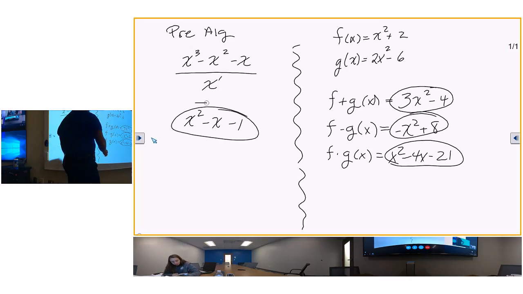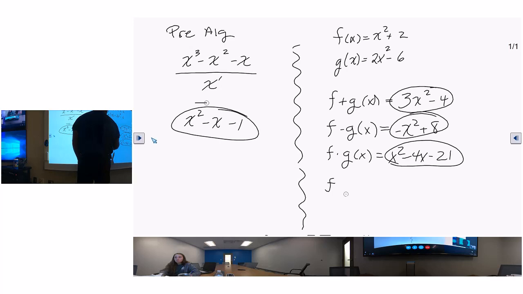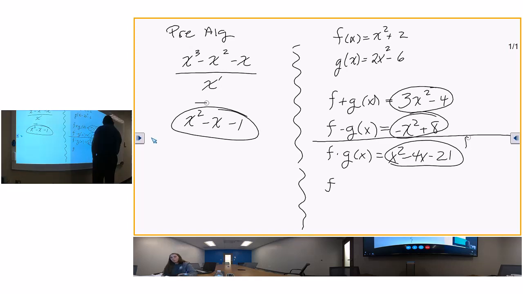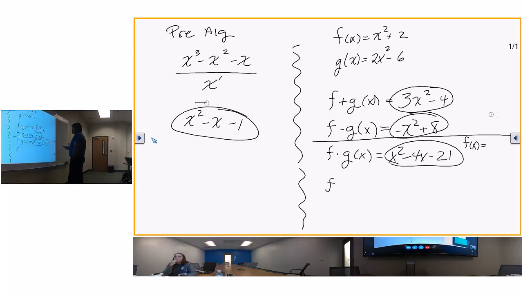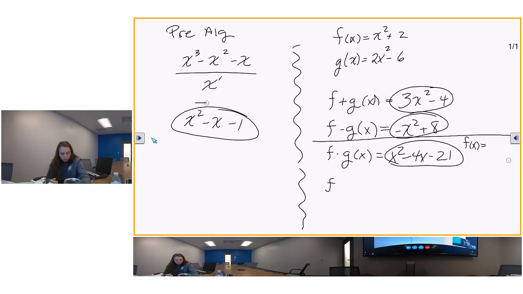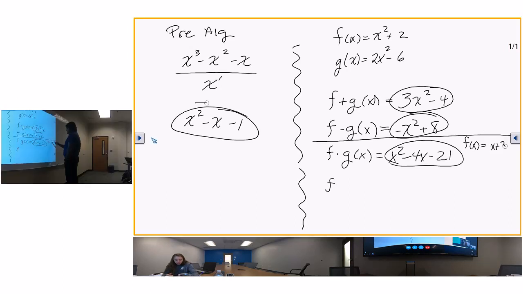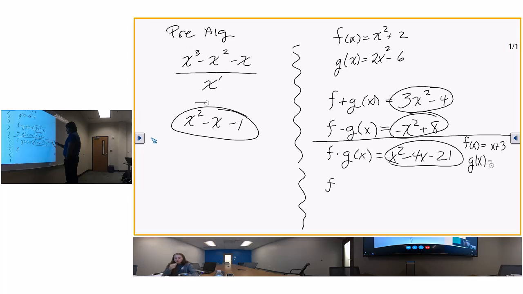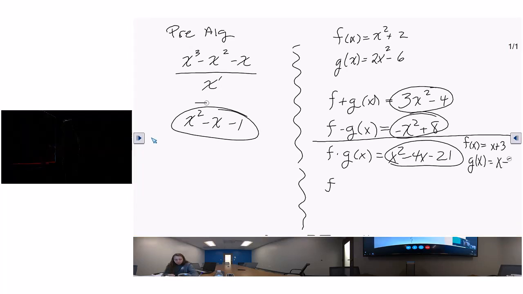So f divided by g of x, then of course I forgot, we got two different, I changed the formula here. F of x is equal to what on multiplication? What was f of x? X plus 3. And what was the other one? G of x is equal to what? X minus 7. Thank you.